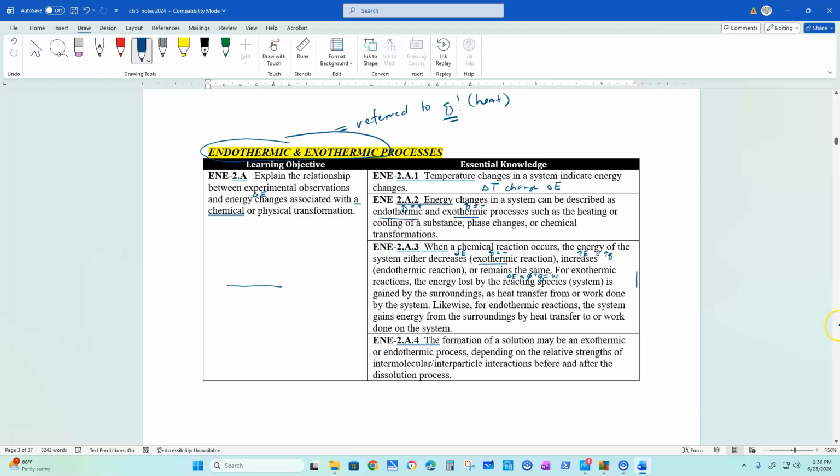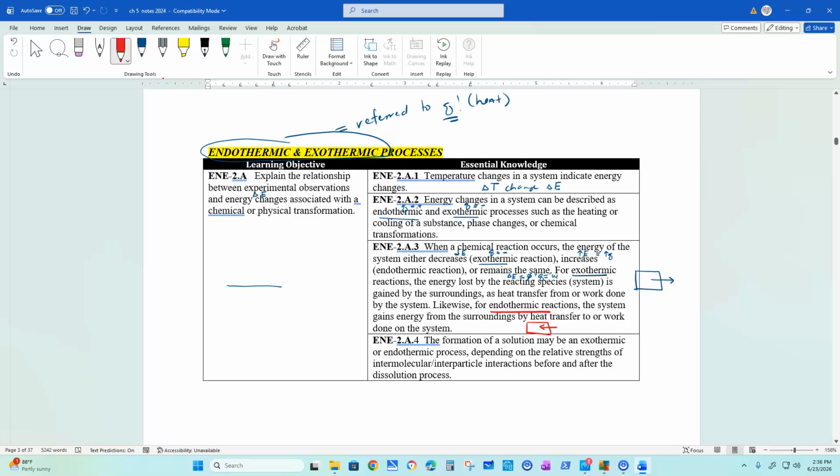So if it's exo, remember, it's coming out. And if it's endo, I'll do it in a different color. If it's endothermic, the system gains from the surroundings by heat transferring or by work being done on the system.